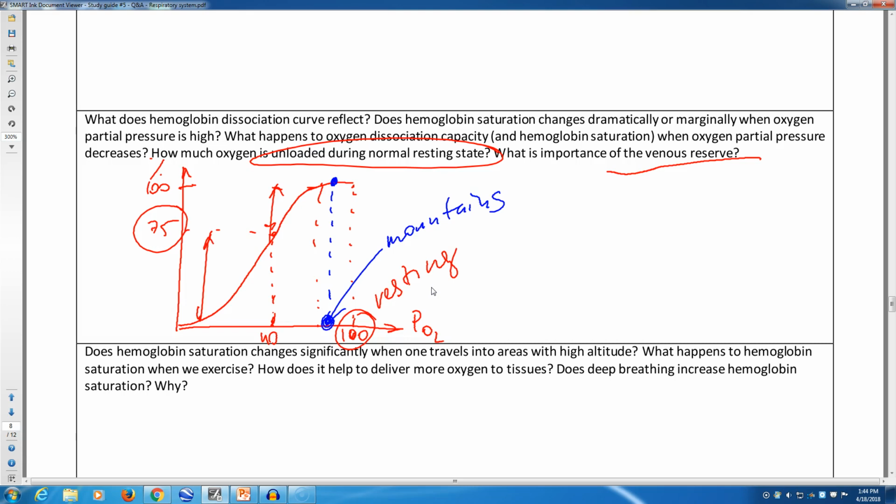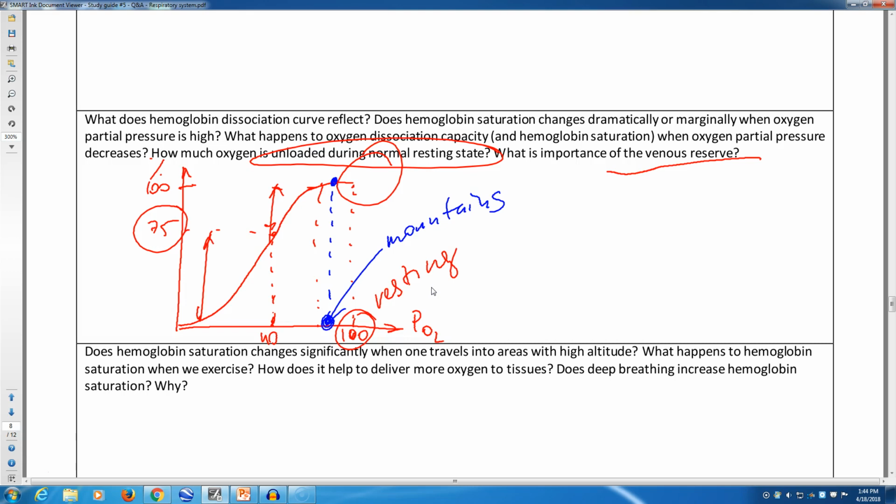Now, when we exercise, say we exercise at sea level. So the lung part at sea level stays the same. Everybody agrees with that? Because nothing changes. What happens to the tissue part? What happens to the partial pressure of oxygen in the tissues as we exercise?